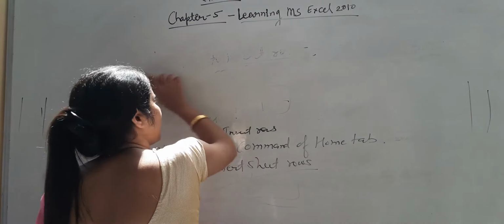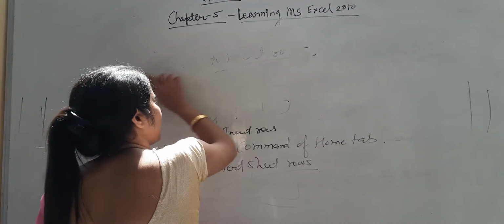Next is how to insert columns. If you want to insert columns, you should follow a few steps. The same steps are there. This is a worksheet, so you have to click on any column heading.